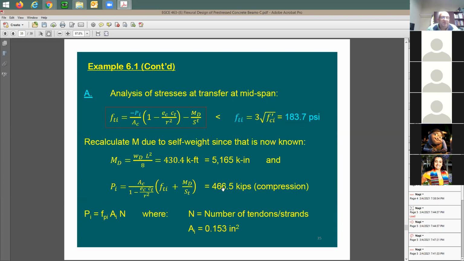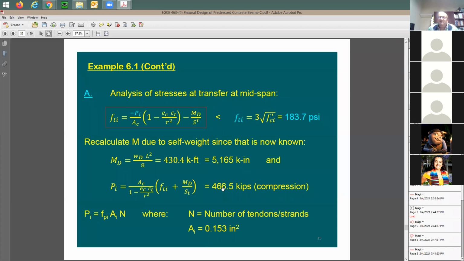So is this compression force that you put in there going to be the maximum or the minimum? Can I increase the pre-stress a little bit or I cannot? Can I go to 470 or should I go to 450? Which one would you go to? 450.